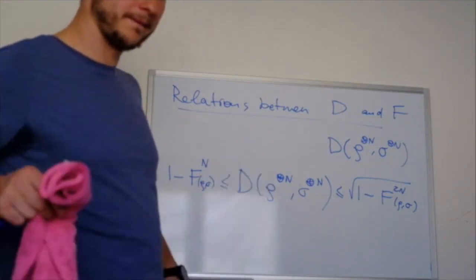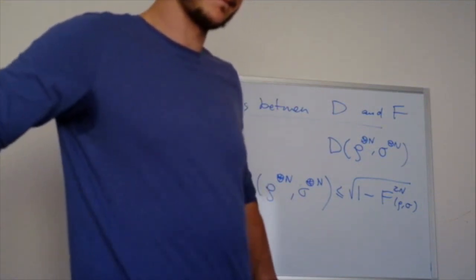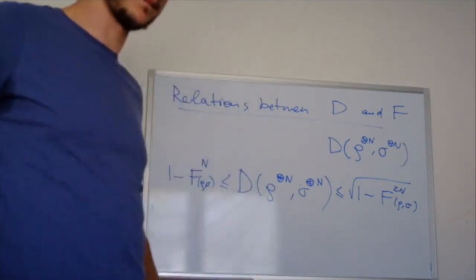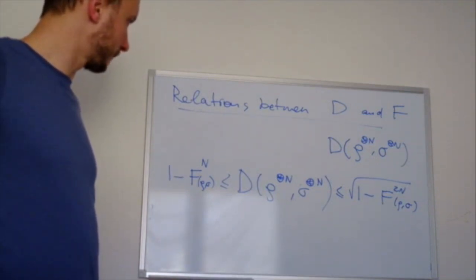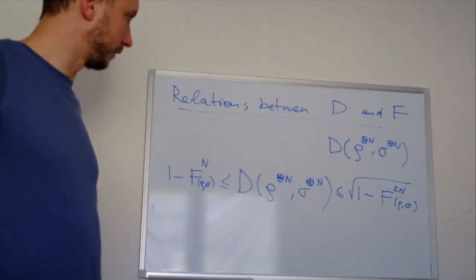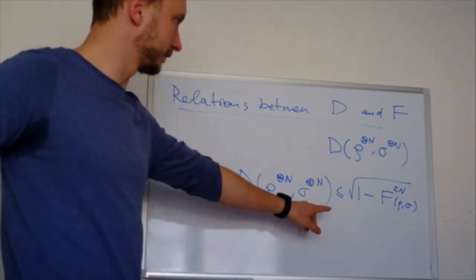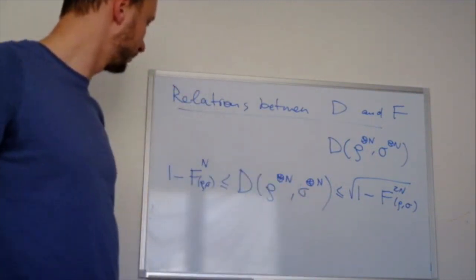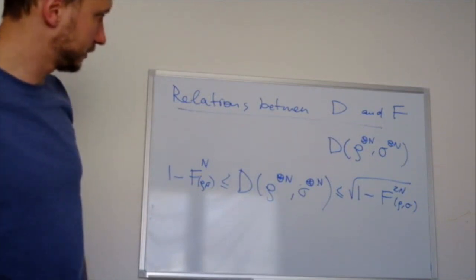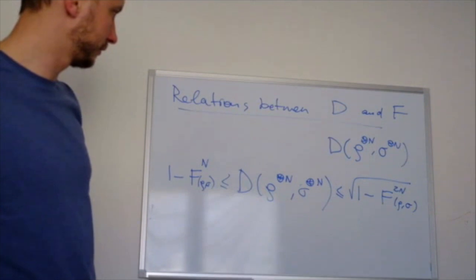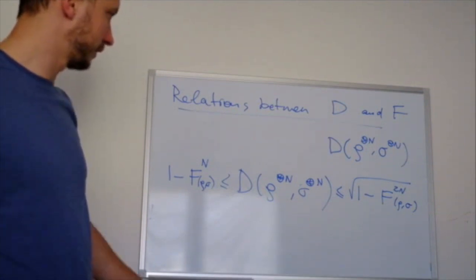And so why is there no square root on the left side and a square root on the right side in this inequality? There is no square root here, and there is, what do you mean? Is that correct? Yes, it is. Why?